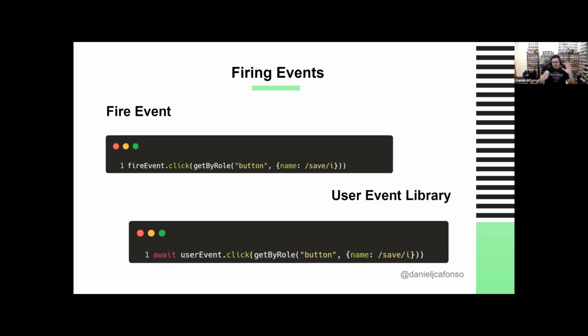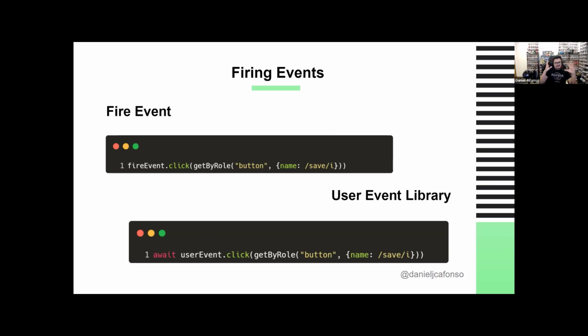Why? Because when a user clicks a button, it doesn't fire a single event. Imagine your process of clicking a button. You move your mouse over the button, you click the button, click in, click out, and you move your mouse out. So there are the mouse over, mouse down, the click, the mouse out.